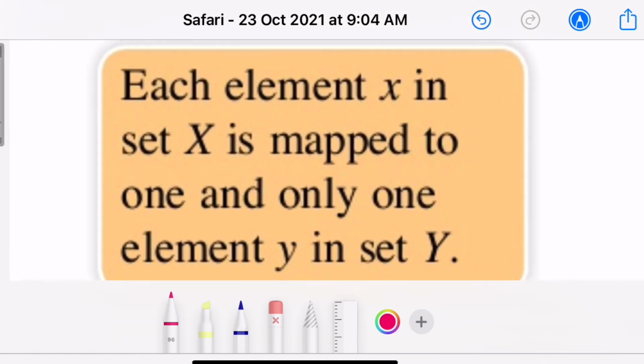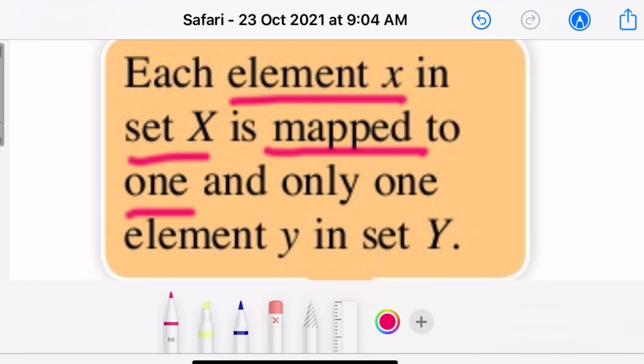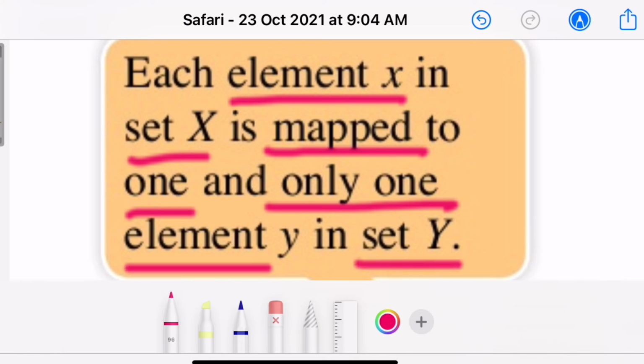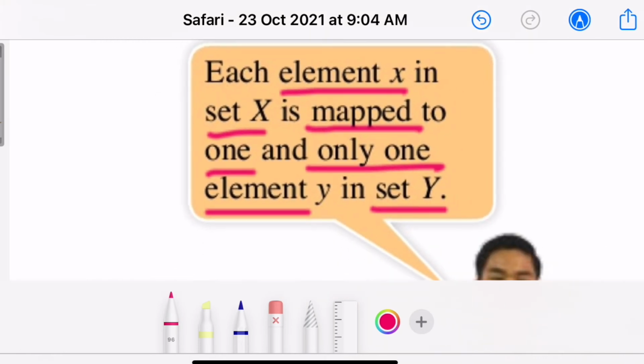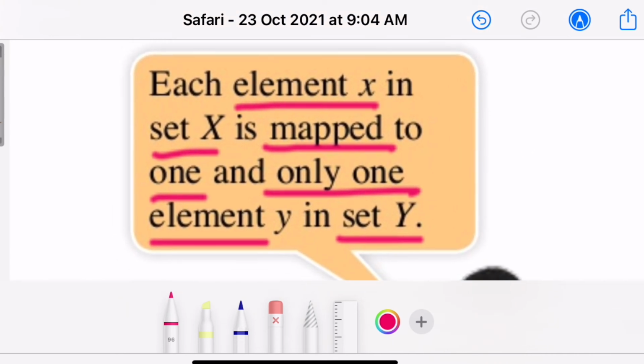So each element x in set x is mapped to one and only one element y in set y. This is the definition of the function.